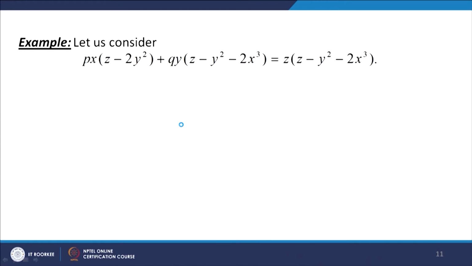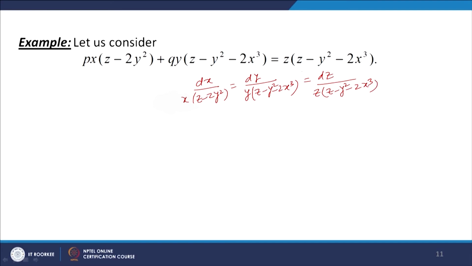Now, let us look at this equation. This is again a Cauchy-linear PDE of first order. So, dx by x times (z minus 2y square) equal to dy upon y into (z minus y square minus 2x cube) and then dz over z into (z minus y square minus 2x cube).